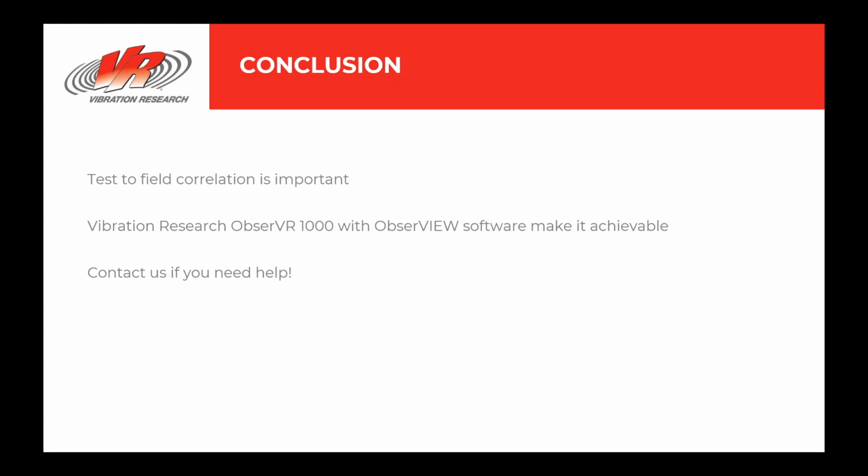With the right tools and know-how, the process to acquire good data and use it to arrive at a vibration test profile with the appropriate frequency content, amplitude, and duration is readily achievable. In fact, for the case study, that work can be done easily in one day by just a couple people. Vibration Research hardware and software gives test engineers confidence that their test profiles deliver field representative results.